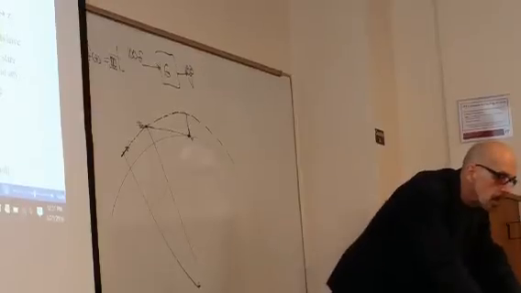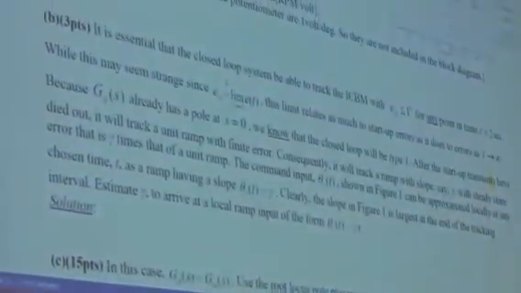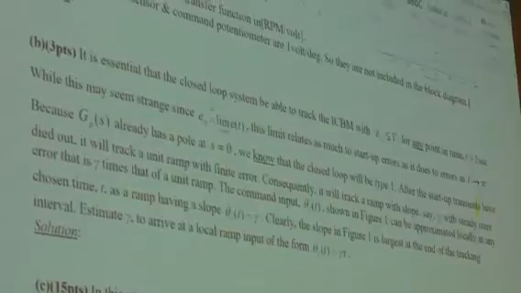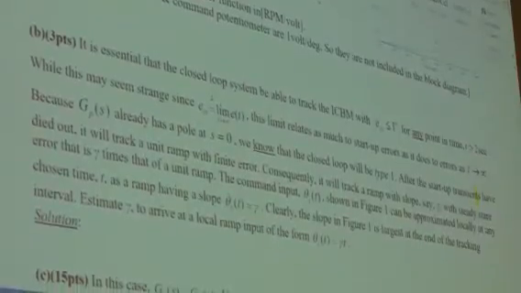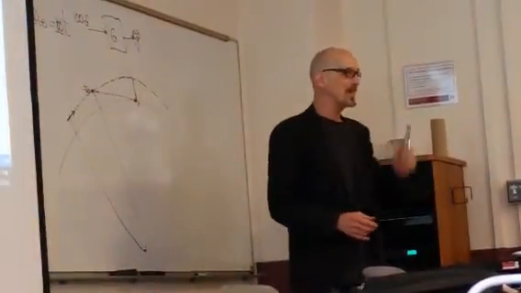Okay. Now it sounds weird because this thing is actually time varying and we're talking about steady state error. Correct? Well, there is no steady state. But over short periods of time, this thing will actually go to a steady state, but that steady state is going to be changing with time.